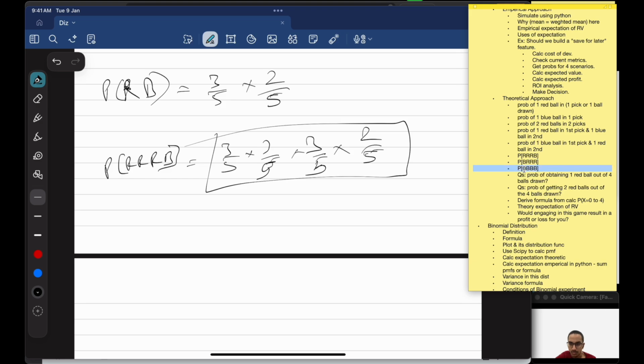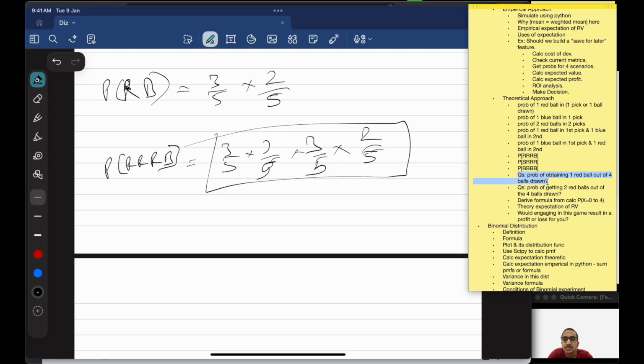And for all blue, all of them 2 by 5, so 2 by 5 to the power 4. I think it's power 4, not over 4. So that's just how we do that.